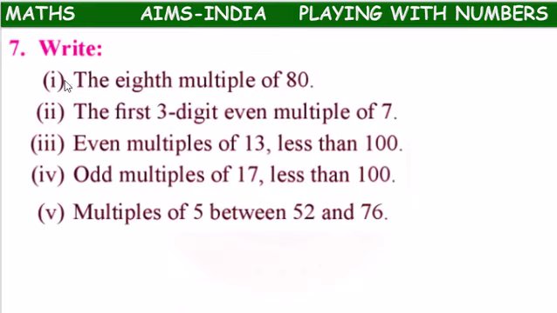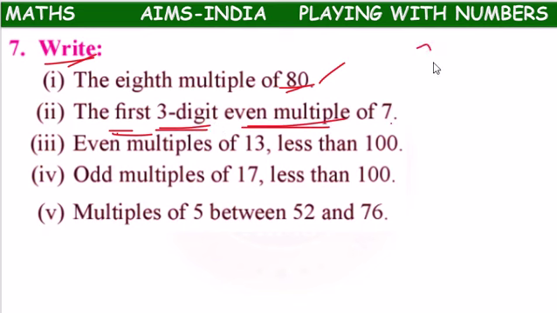Next. Write the first 8 multiples of 80. 8 multiples of 80 means 80 times 1 is 80, 80 times 2 is 160, 80 times 3 is 240. Like that we have to write. First 3-digit even multiple of 7.